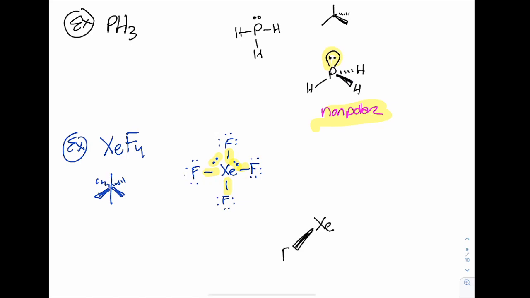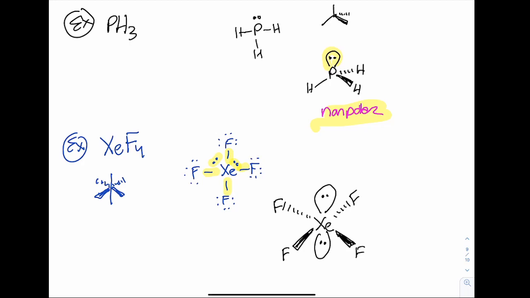So I'm going to come out to a fluorine, back to a fluorine, back to another fluorine. This is that square planar shape. And then out to another fluorine. So that should be square. It helps to visualize it in 3 dimensions if I could draw better. But that's essentially what we're getting. And then I do have a lone pair here and a lone pair here.